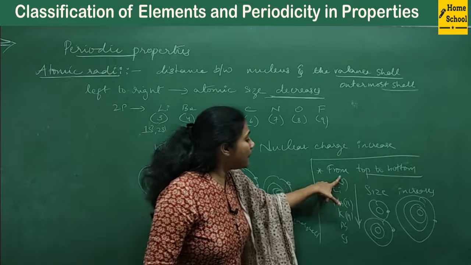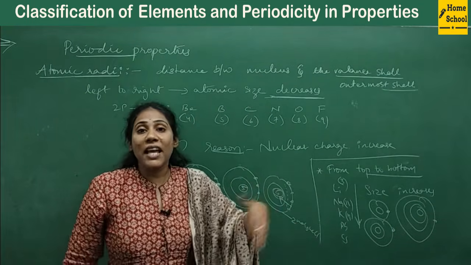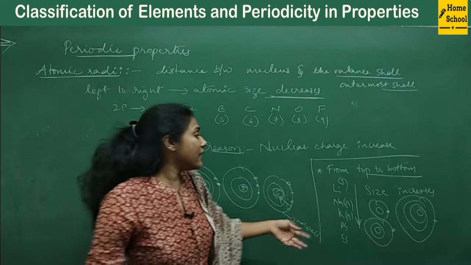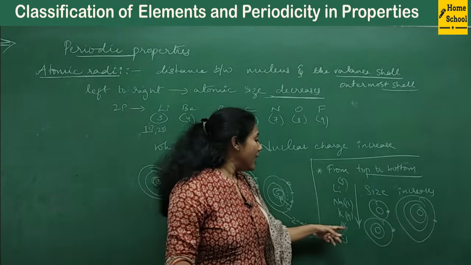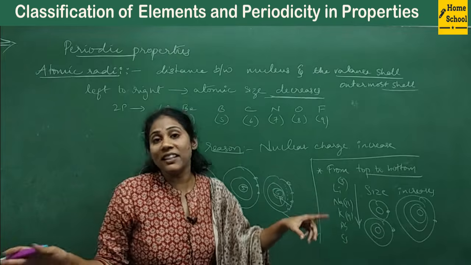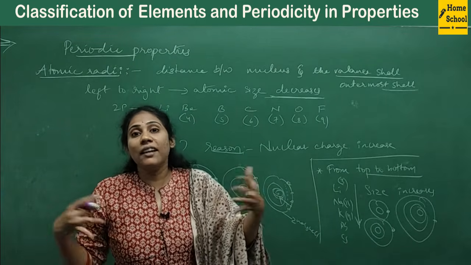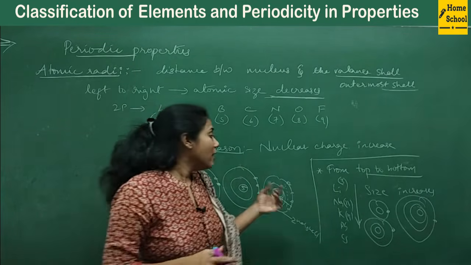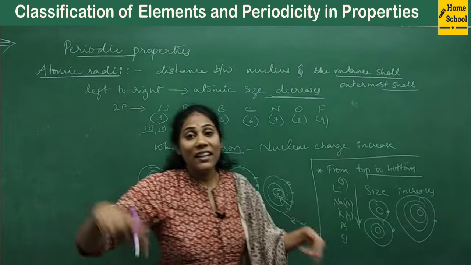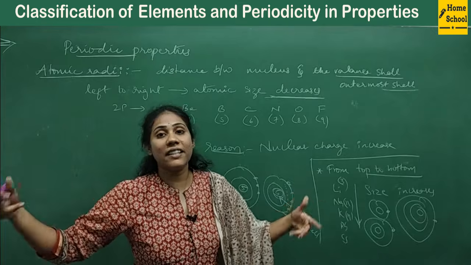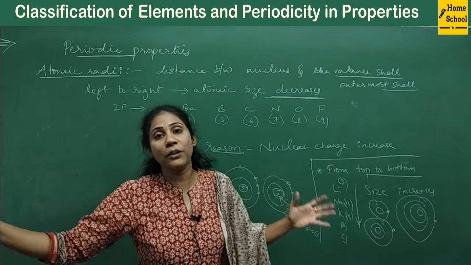But here what's happening from top to bottom? The shell count is increasing. Lithium has 2 shells, sodium has 3 shells, potassium has 4 shells, and rubidium, the outermost electron is there in the 5th shell. Outermost shell is increasing. Atomic size is after all a distance between the nucleus and the last shell. When the last shell is increasing, it is very, very far from the nucleus.